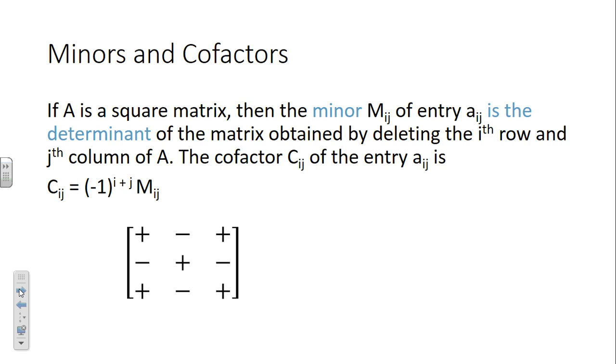So if we have a square matrix, then the minor of an entry in that matrix, A sub ij, is the determinant of the matrix obtained by deleting the ith row and the jth column.